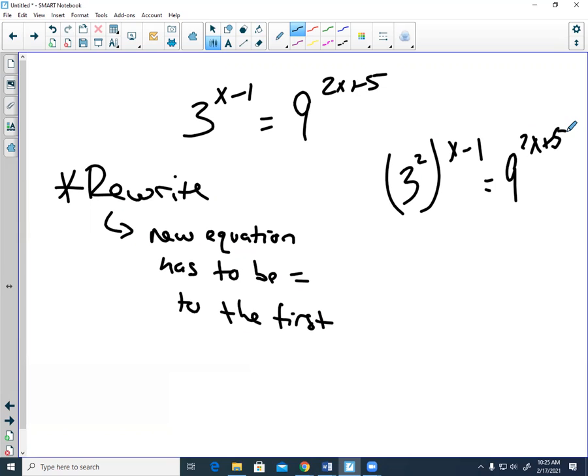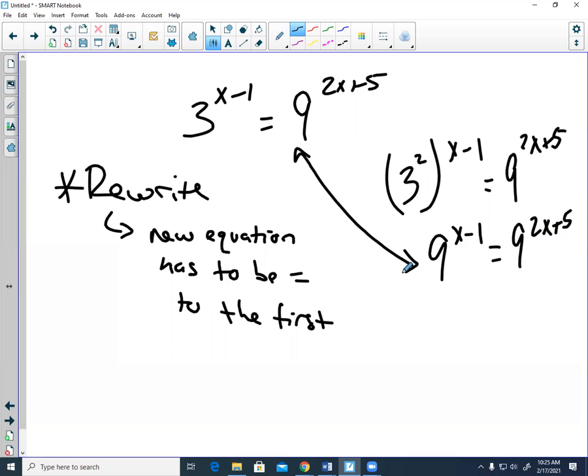So if you call it 9 to the x minus 1 equals 9 to the 2x plus 5, are these two equations equal to each other? They're not. I've literally just looked at that first equation and said, nah, I don't like it. Let me change the number and call it good. That's what I did, right? And if you do that, you're going to end up with an incorrect answer.